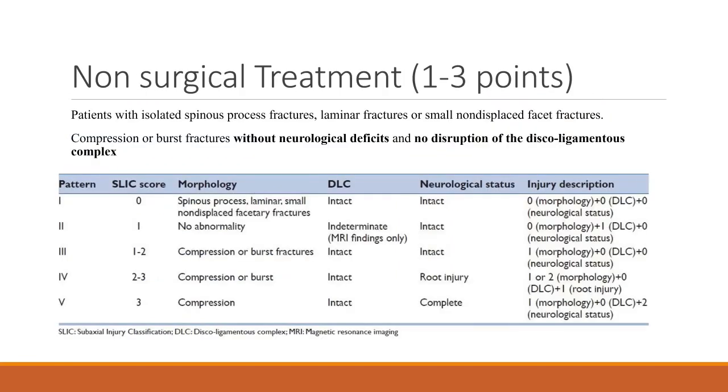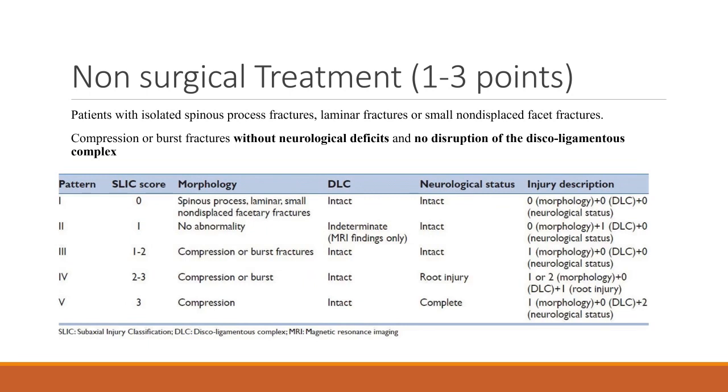Working through the subcategories of the SLIC score, we are able to begin with those non-surgical permutations. Cases with, say, isolated transverse process, spinous process, or laminar fractures without neurologic deficits or evidence of discoligamentous injury are clearly non-operative.